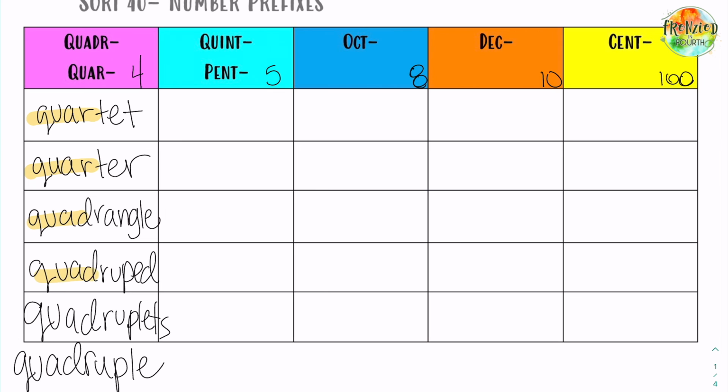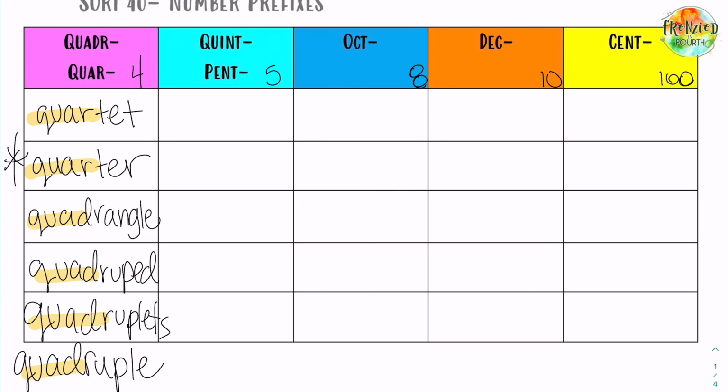All of these are going to begin with the prefix quad or Q-U-A-R, meaning 4. For example, let's look at quarter. Just like we have 4 quads in a school year, 4 quarters make $1. Quarter means 4. Quadrangle, 4 sides, and so on and so forth.